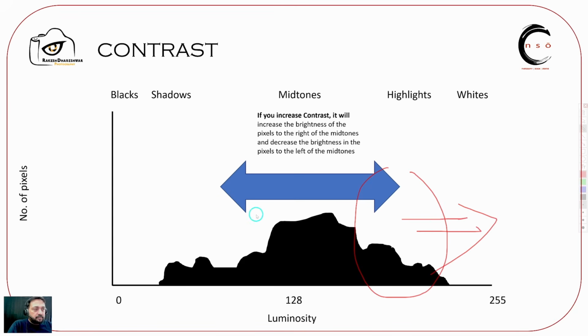At the same time, it will also ensure that the tones of the pixels to the left of the midtones become even darker, right? It will decrease the brightness, and hence we will get a contrast. The difference between the whites and the blacks in the image will be much higher, and you can see a very good contrast in the image.